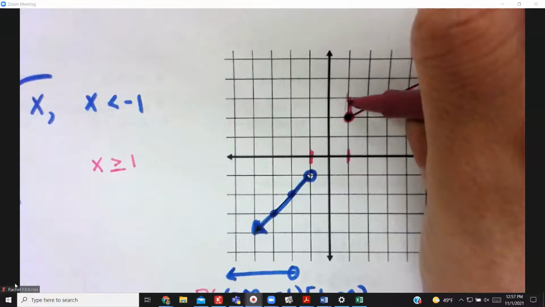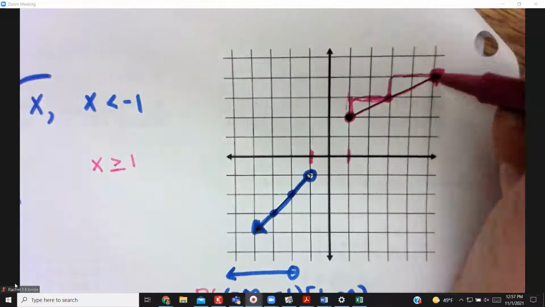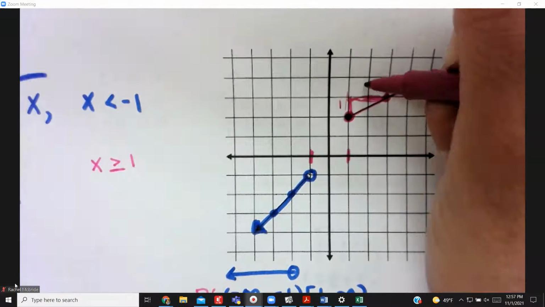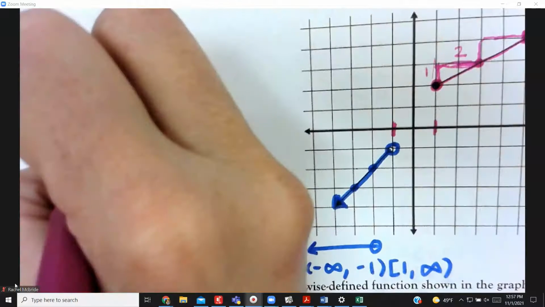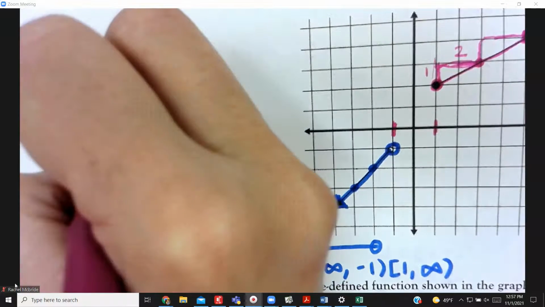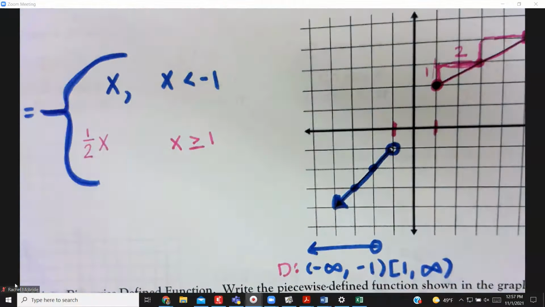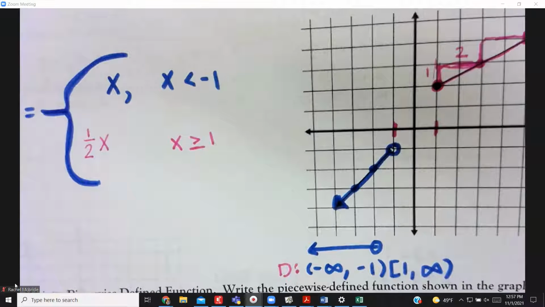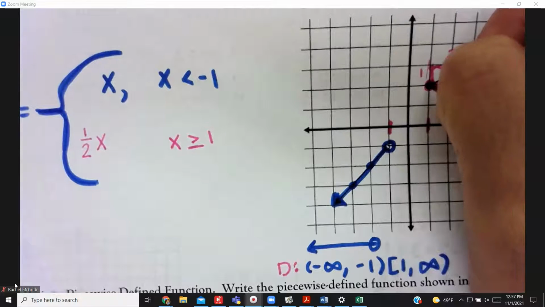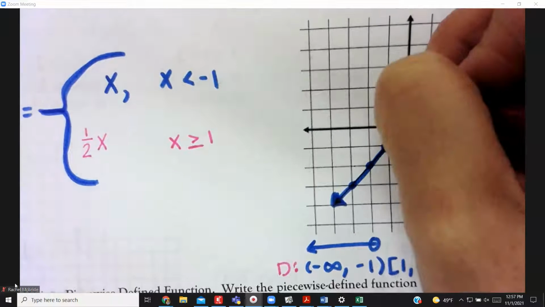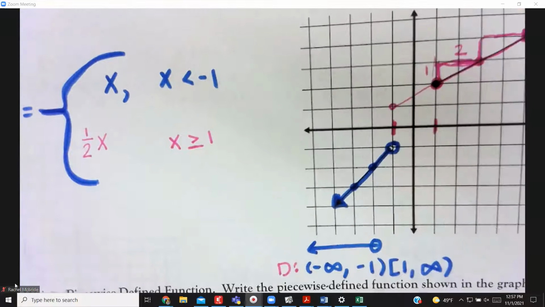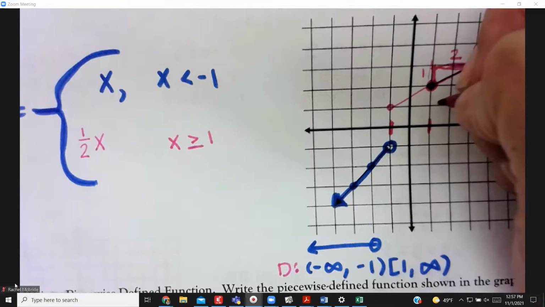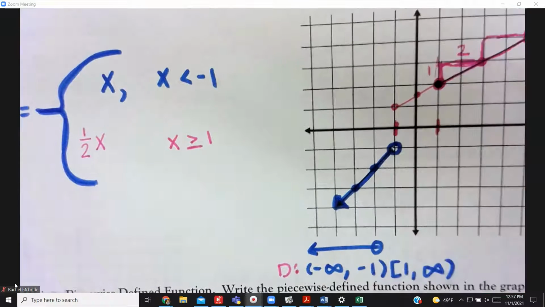So it's rise over run. So that means my slope is 1 over 2. And then you would need to know your y-intercept. So that would be like down 1 and left 2. So you could see that it intersects at 3.5.